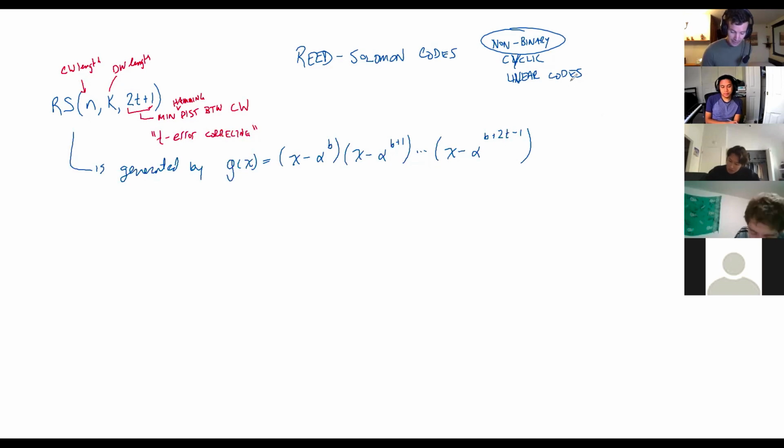So typically, this is the general form. Typically, you set b to 0. So these b's just go away. But in general, you can increment b as well.